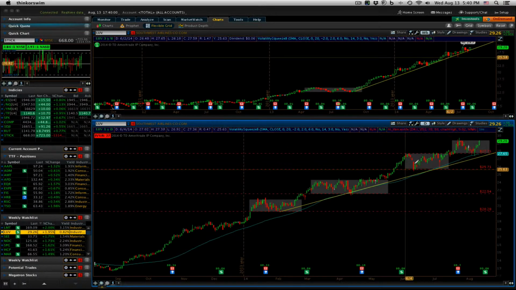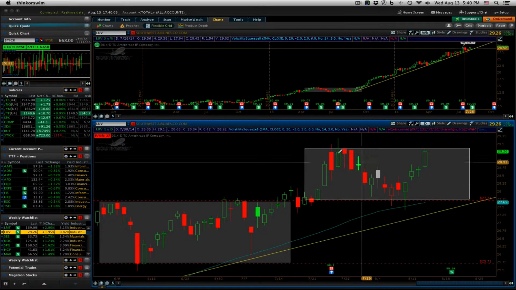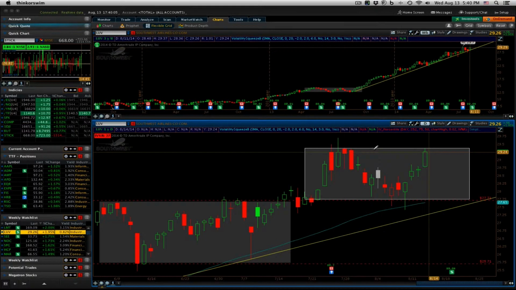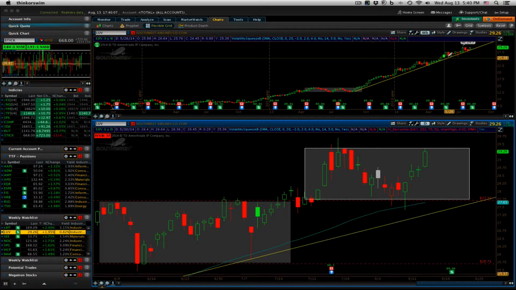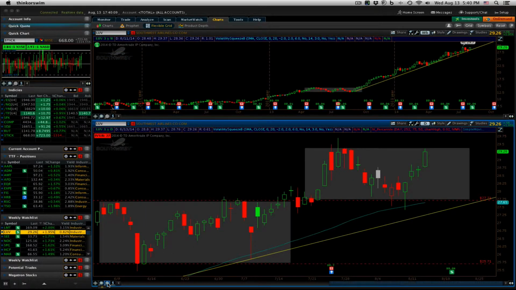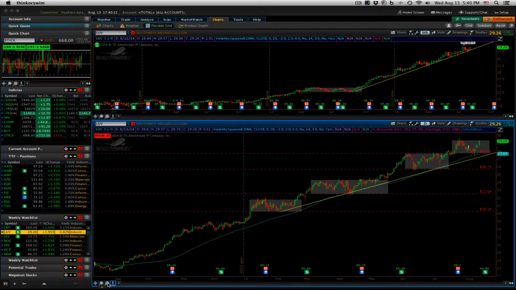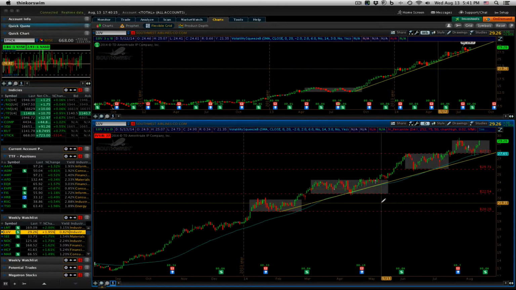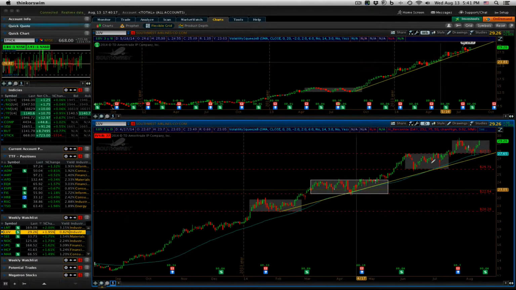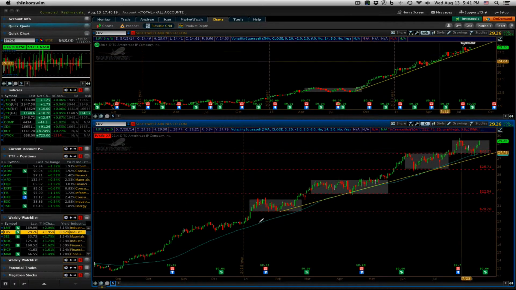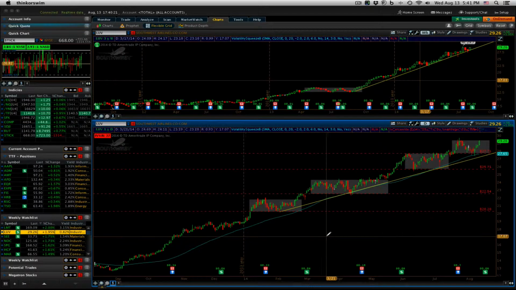And the last one, LUV. Once again, great little setup here on the weekly chart. Nothing not to like about this. And definitely check out a couple tweets I sent out about LUV and how it's really been a great example of trend following. As you can see, these consolidations and these breakouts. This was one we actually entered when I first started the blog back in January.